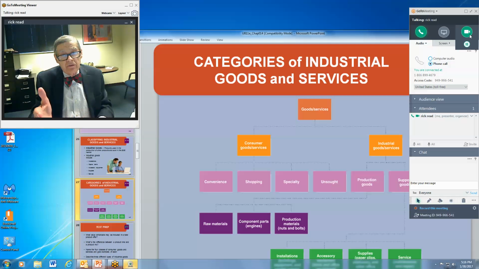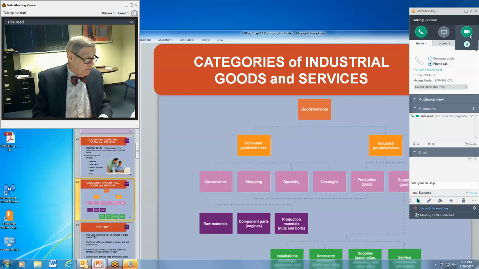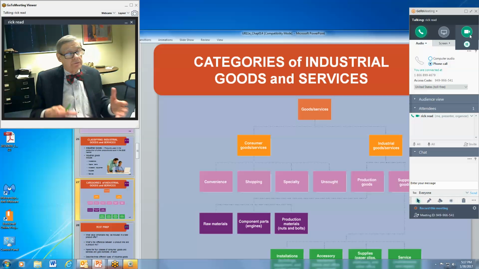And then we have industrial goods over here on the right, and how they interact, etc. It goes back to some of what we just talked about before. Notice the supplies, things like paper clips and stationery and things of that nature. And then accessory equipment, tools, office machinery, et cetera. So that gives us some kind of idea.